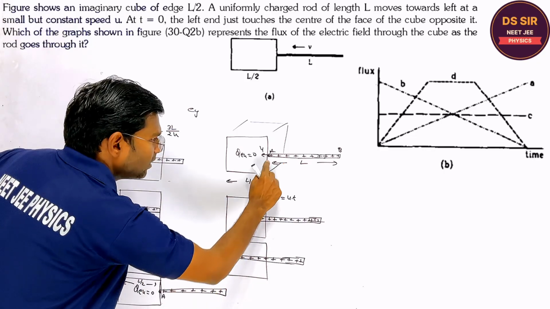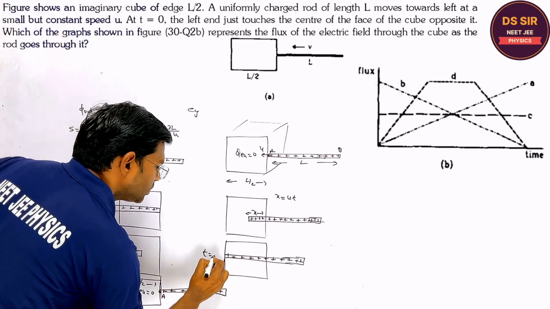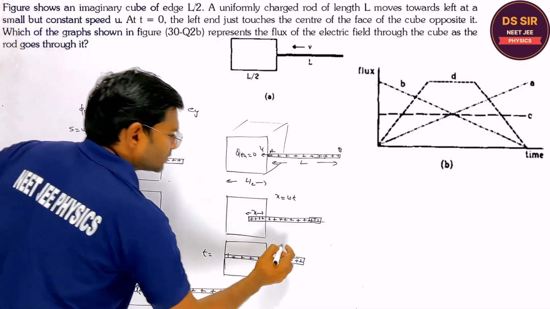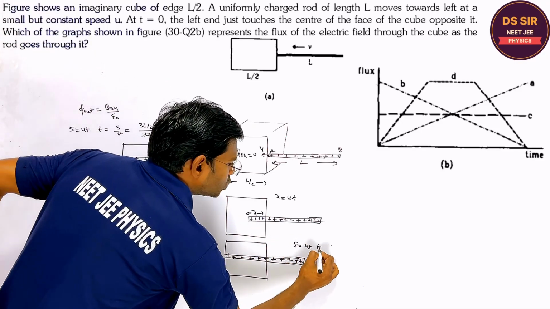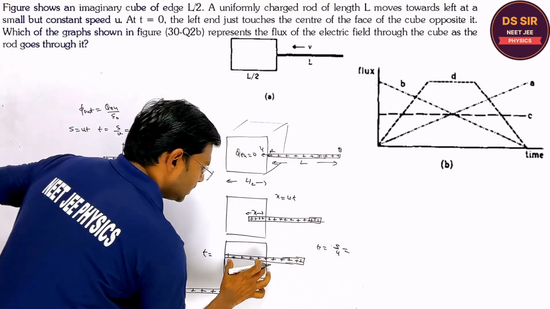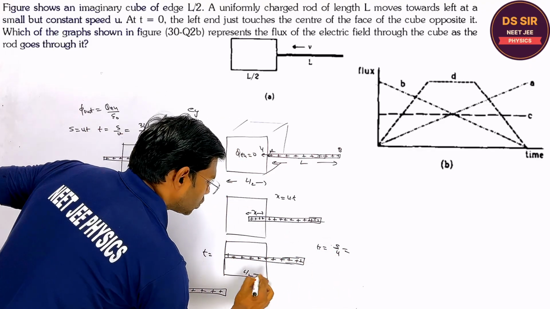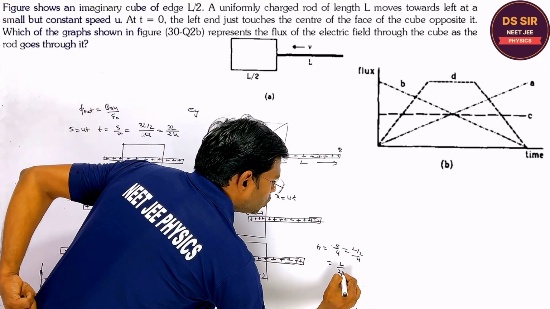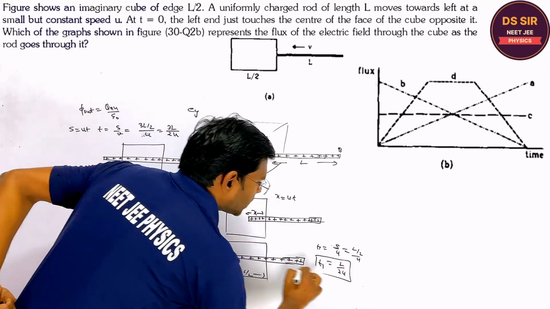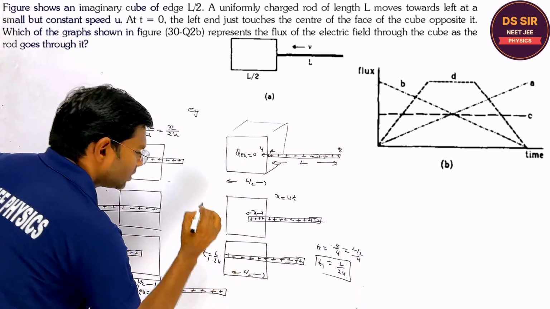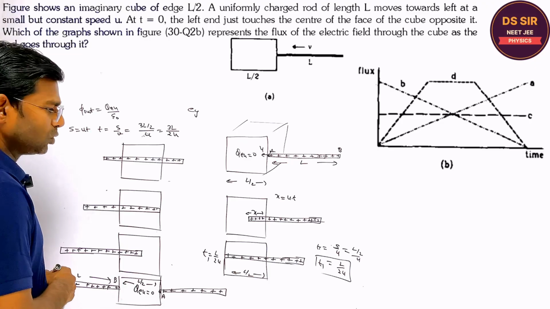From here to here, this situation happens as S is equal to ut. So t1 is equal to distance upon the speed. The distance traveled by this rod is L by 2 and the speed is u. So L upon 2u is the total time taken, right?